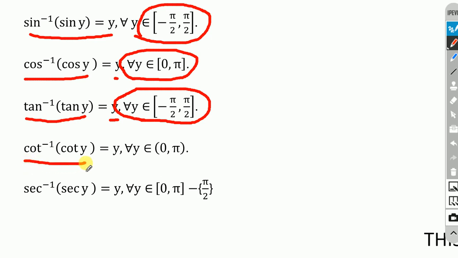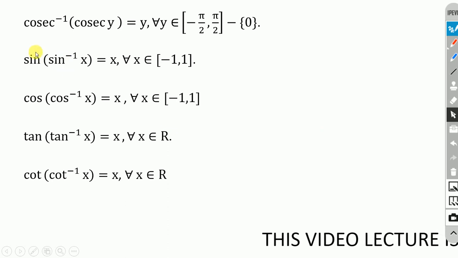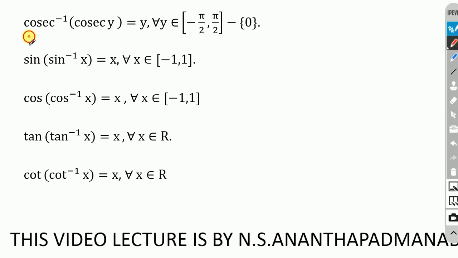Cot inverse of cot y equals y for all y belonging to the open interval 0 to pi. Secant inverse of secant y equals y for all y belonging to the closed interval 0 to pi except pi/2. Similarly, cosecant inverse of cosecant y equals y for all y belonging to the closed interval -pi/2 to +pi/2 except 0.